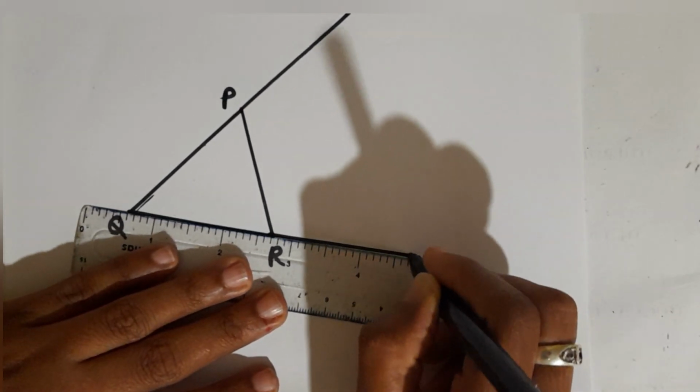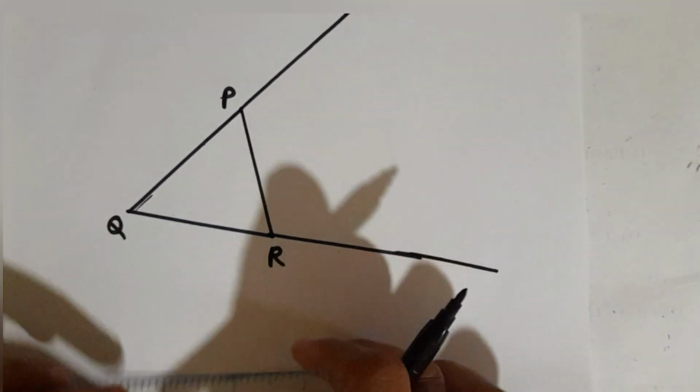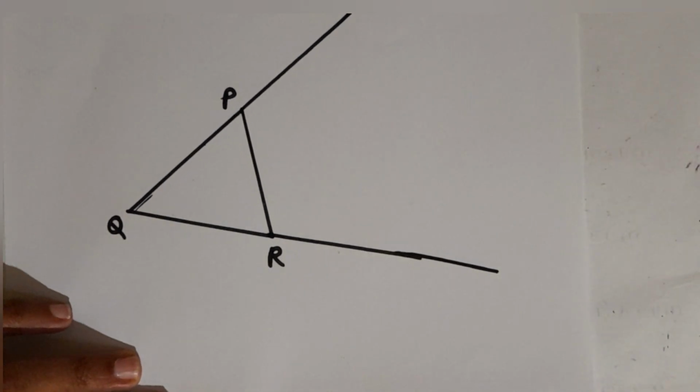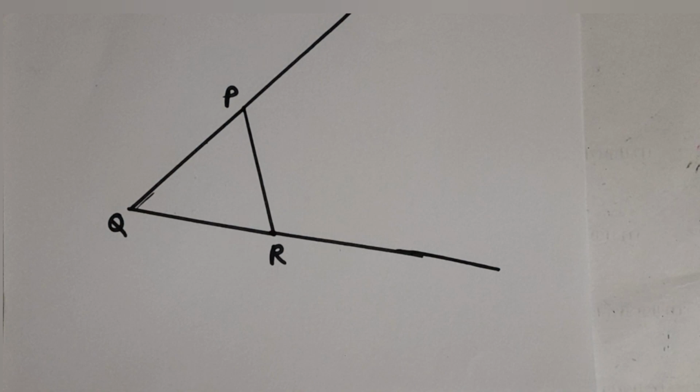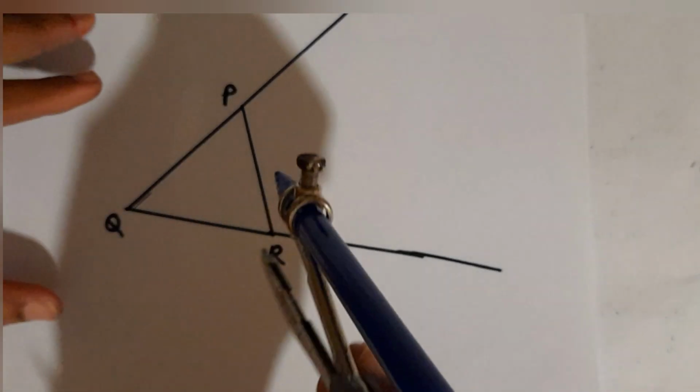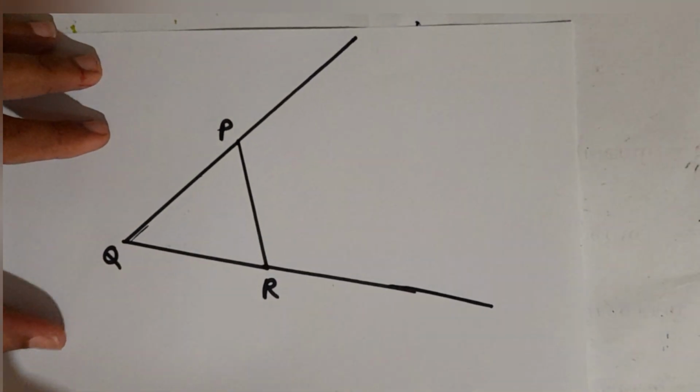Now we have obtained two exterior angles of this triangle here. First we have to construct the angle bisectors of these two exterior angles.